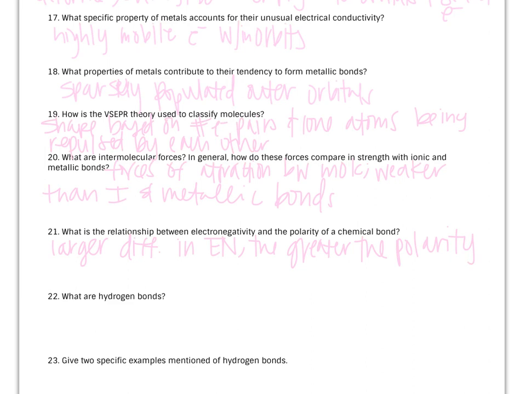And if you think about it, if one is way more electronegative, it's going to be way more charged, meaning that the pole is going to be stretched even further towards the other end.